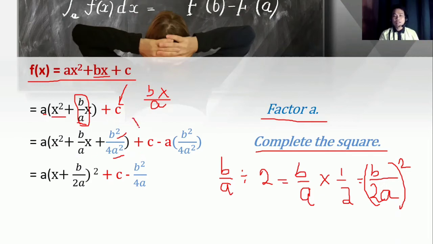Then rewrite the constant, so plus c. If we add the last term of our square, so we subtract it from the constant, including the value of a.